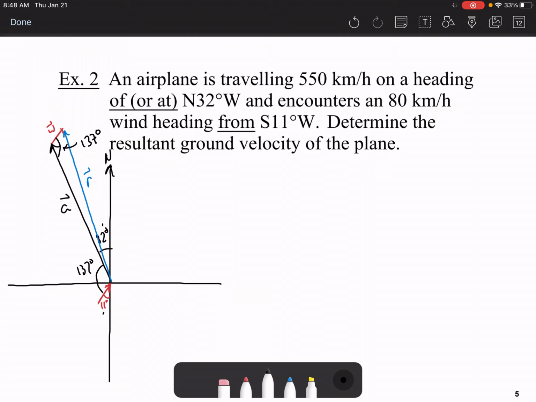So now I can figure out my resultant using cosine law again. This one required us to find a little bit more information. But remember, you can always use your properties that you've seen before in order to find out angles.